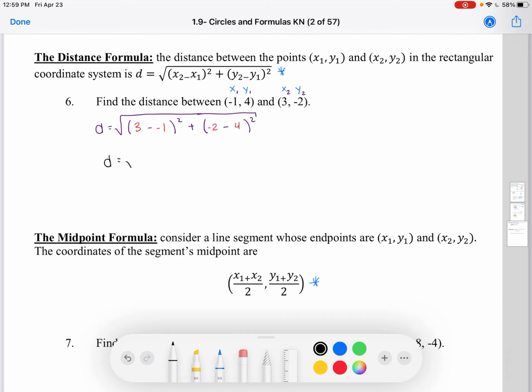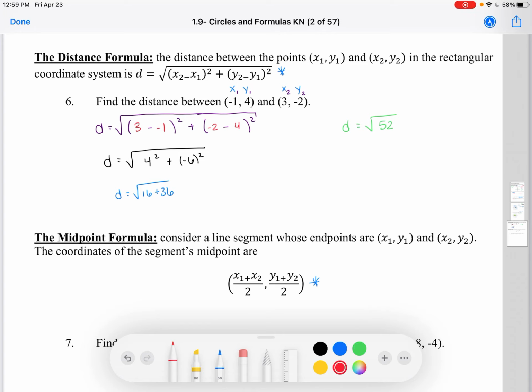That is going to give me the square root of 4 squared plus -6 squared. Just simplifying here, that's going to give me 16 plus 36. Simplifying a little bit further, it's going to give me 52.